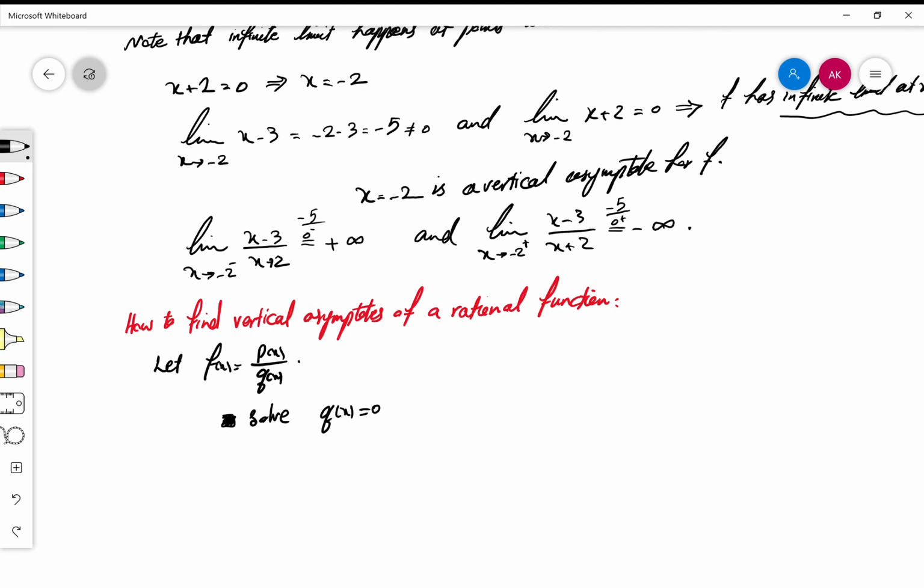Well, that means that we can start with these points and find all of its roots, all of its zeros.